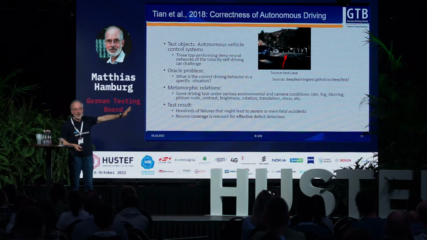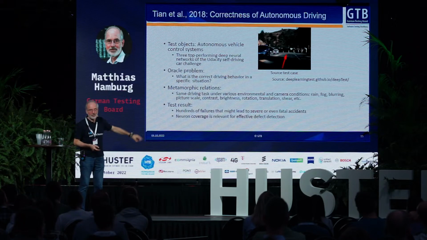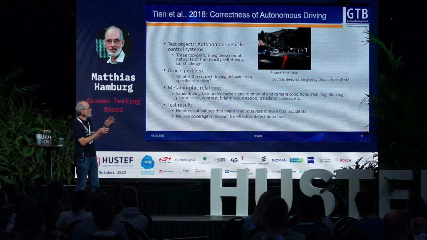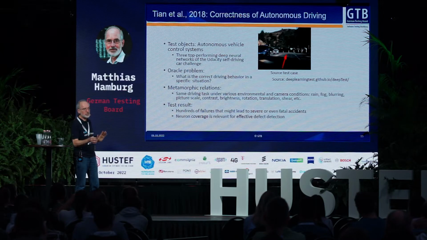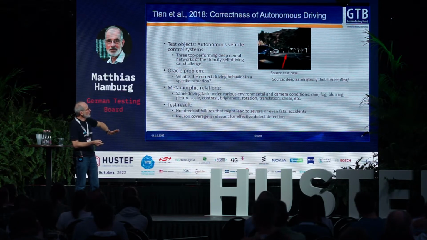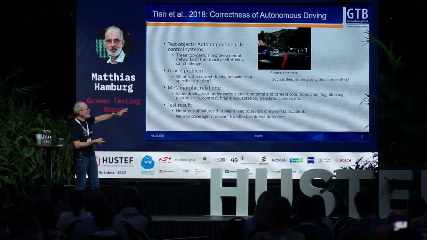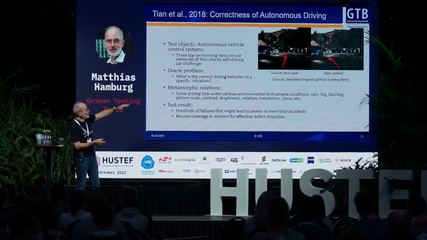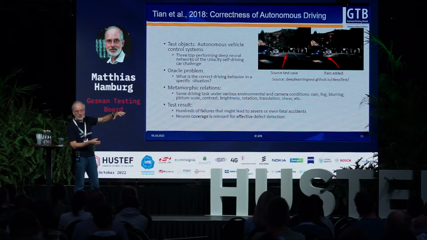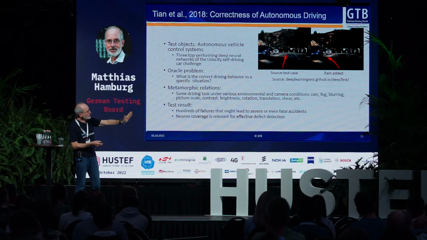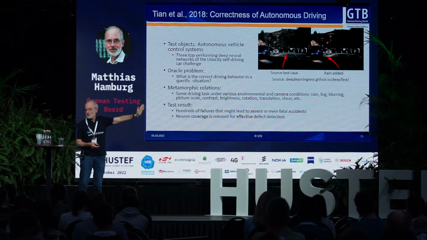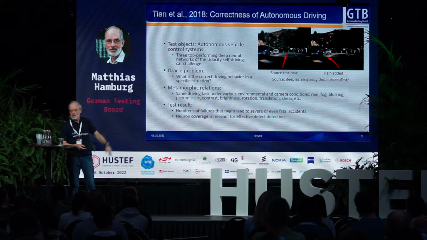And I highly recommend you to look at these pictures before you onboard a self-driving vehicle. So this is one case when you're driving in a very uncritical situation, driving a country road into a left curve with some oncoming traffic, and then you add to this picture some rain falling on the picture, right, on the video. And the self-driving system takes the left turn too early and drives you directly into the oncoming traffic.